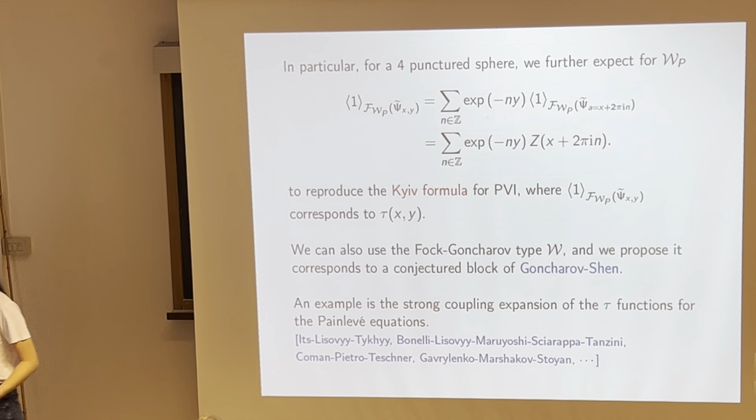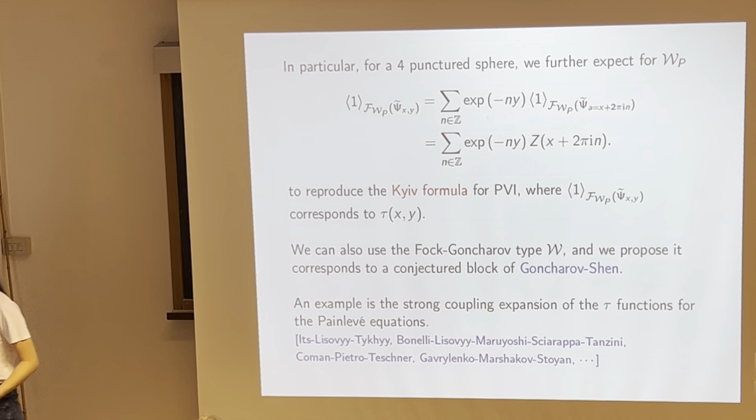So this is all I want to say about our work. And here I just want to mention briefly some interesting future directions to take. The first one is that we hope that our non-Abelianization construction will provide a unified way to understand different constructions of tau functions. We have already seen this Kiev type formula.